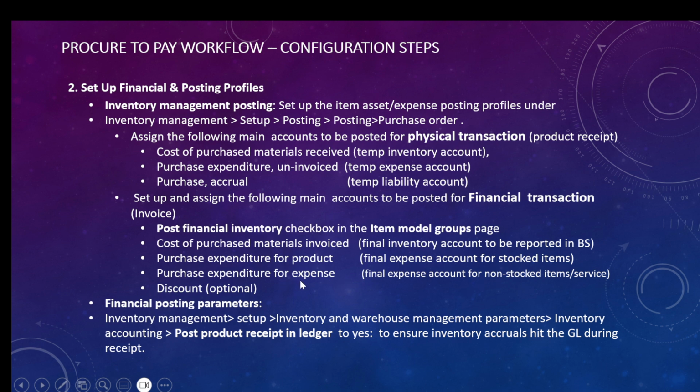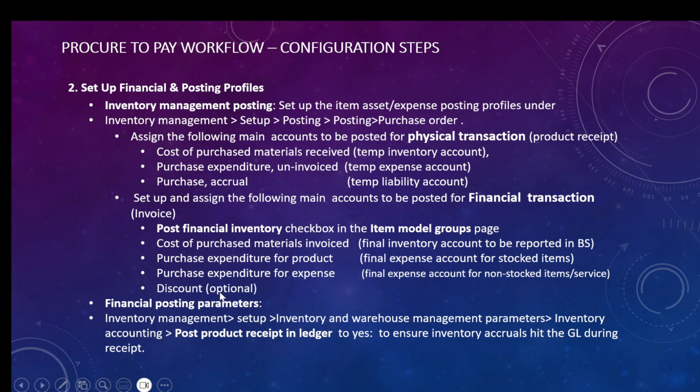Maybe you are paying a fee for the vendor to come and install a product in your place, and they charge you $100. So you want to group that as a service item, or a non-stock item. For that, we can create a separate purchase expenditure and track it under a different account. That's the reason there is a separate account for that.